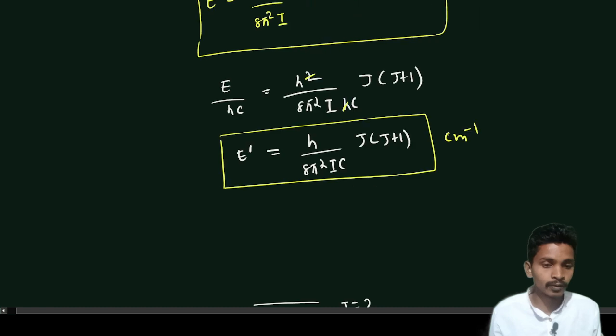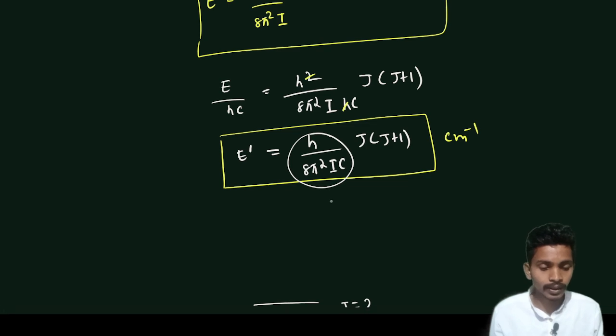If you fix the molecule, then this whole value becomes a constant, and let's say this is B. If you change the molecule, this value will change because I will change. So for a fixed molecule, this becomes E dash = B J(J+1).